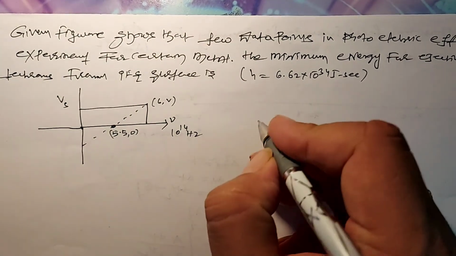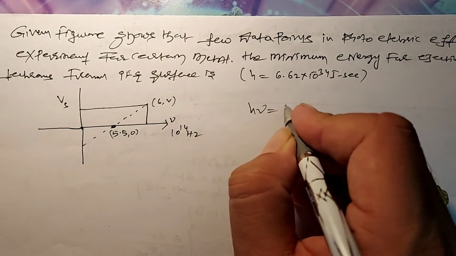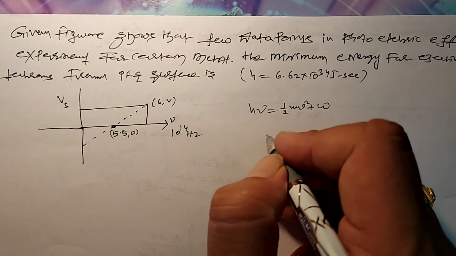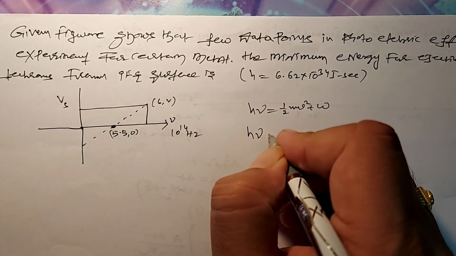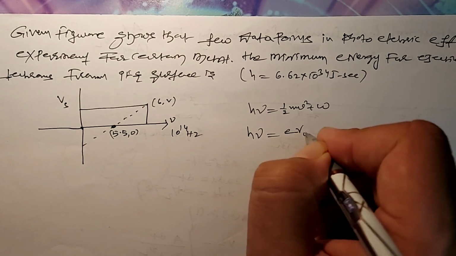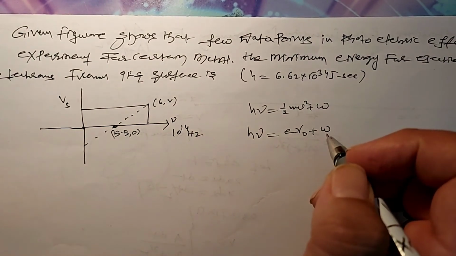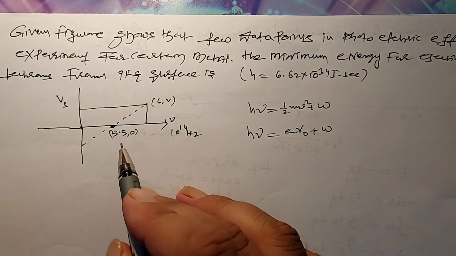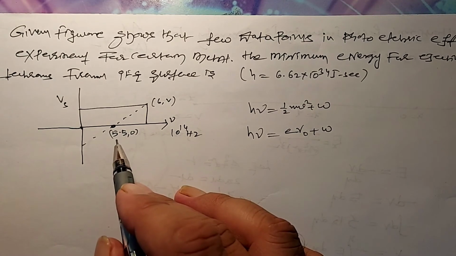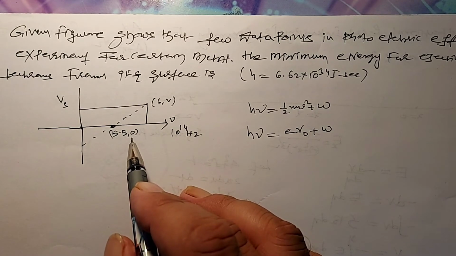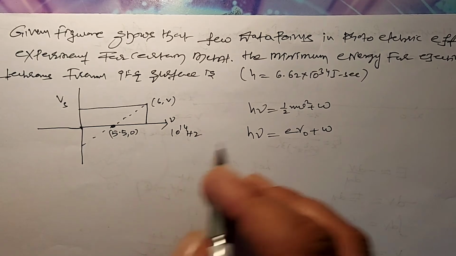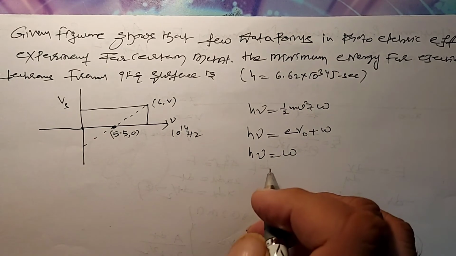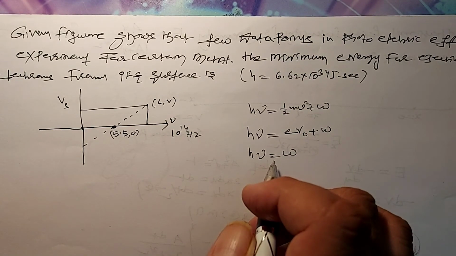We know the Einstein equation: h nu is equal to half mv square plus W, that is, h nu is equal to e V naught plus W. Here the stopping potential is 0, at 5.5 comma 0. So substituting that value in this equation, h nu is equal to W.